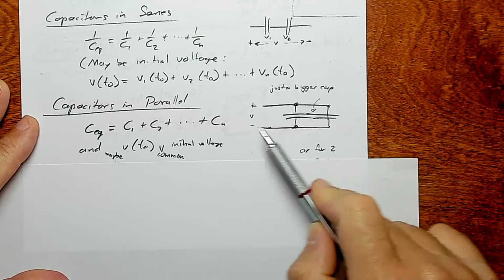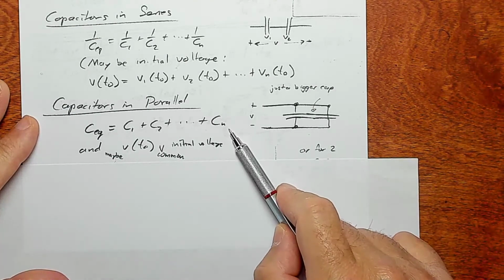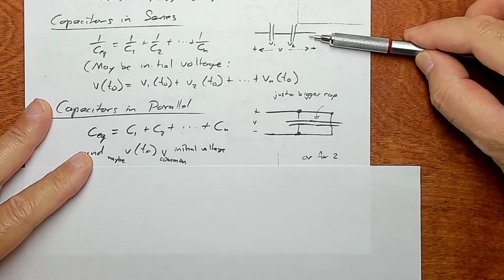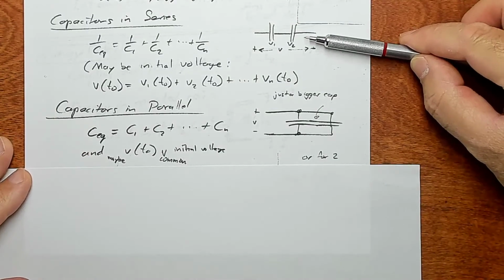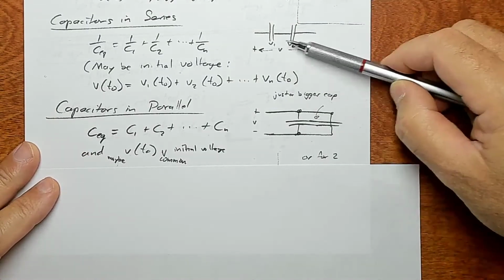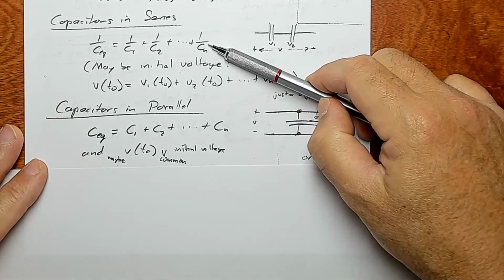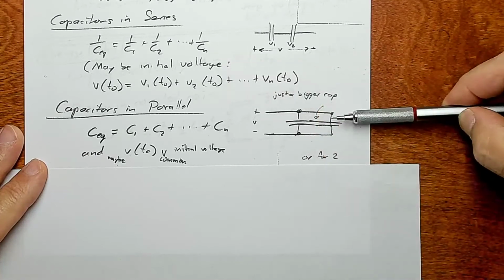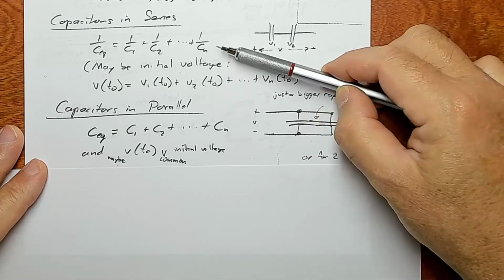So when they're in parallel, you can just add them, and then it also works out that the opposite rule applies to capacitors in series. Now, it may not be as intuitively obvious, but it is true.